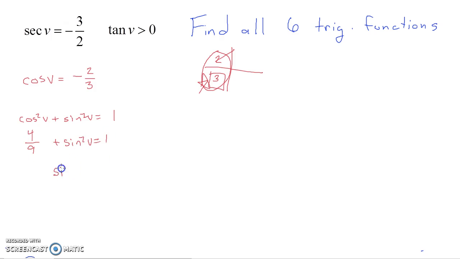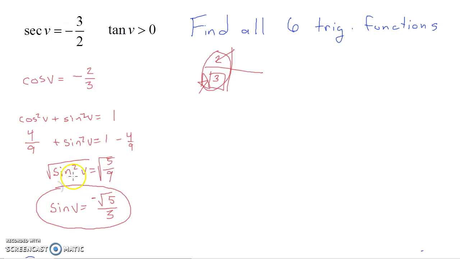Subtract the 4/9 over. Sine squared of v equals 1 minus 4/9. That's 9/9 minus 4/9, which is 5/9. And then square root, and I get that sine of v is the square root of 5 over 3. But because I knew from the beginning, based on what I was told, that I'm in quadrant 3, I do need to put a negative on that sine.